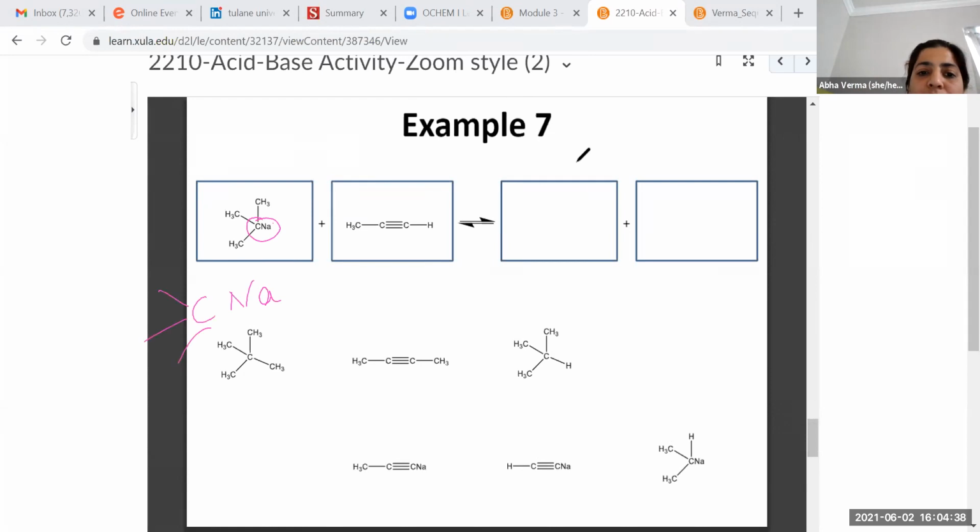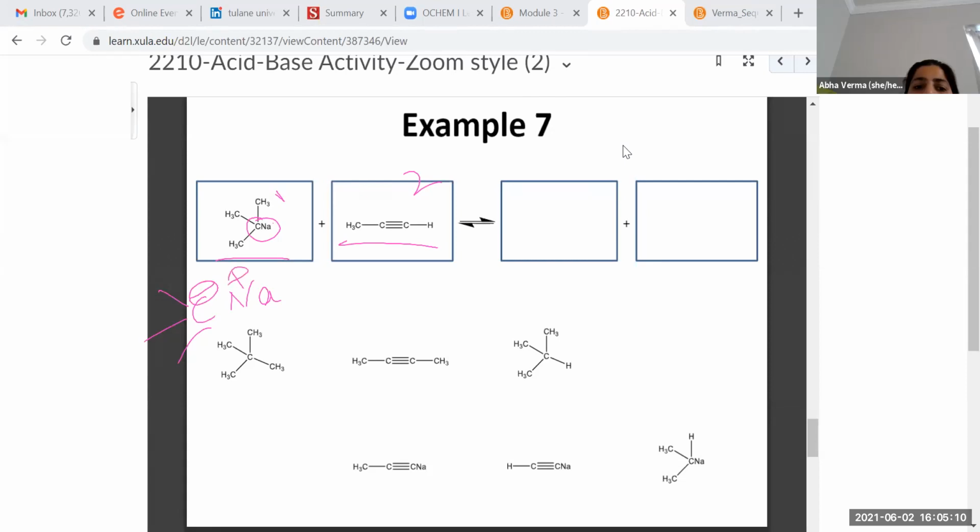If you look at this and you look at this, which one, one or two, will be your electron donor? The first one, base. Why? Because NaC is negative. Exactly. Very good. Good job, Sammy.